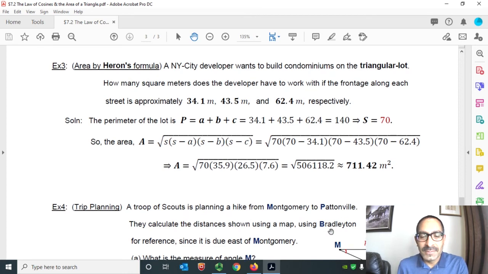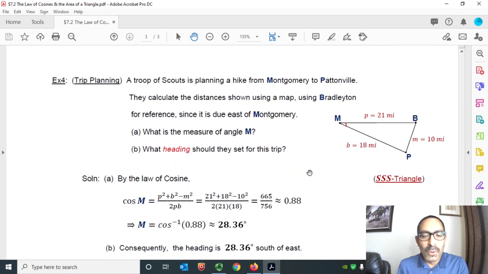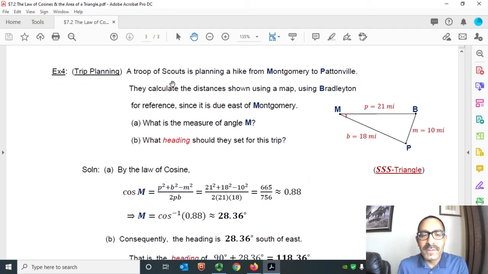Now let's move on. Example 4. The applications problem, trip planning. So here, a troop of scouts is planning a hike from Montgomery to Pattonville. So here is Montgomery, here is Pattonville. They calculate the distance using a map using Bradleyton for reference, since it is due east of Montgomery.